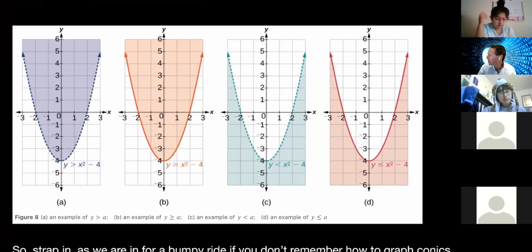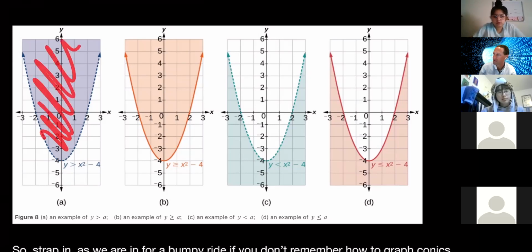And how do we know if it's inside or out? All you got to do is test a point. Just plug in a point. I usually like to use 0, 0. Because when I plug in 0 for x and 0 for y, no matter what's being multiplied, squared, it just cancels it out. So if I plugged in a 0 here and a 0 there, I get 0 is greater than a -4. And is that a true statement? Then that point works. And so does everything else inside.